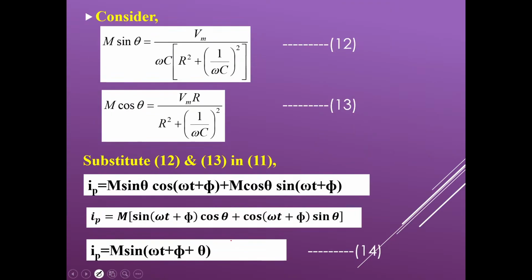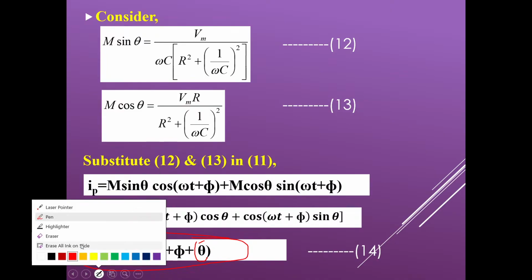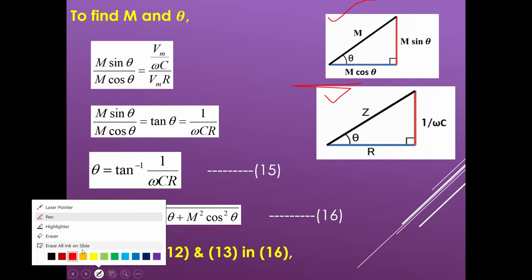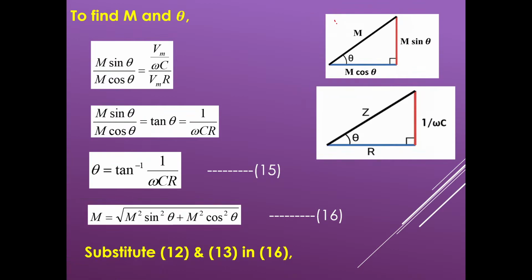Now we have to determine the m value and theta value. For that purpose, let us consider these two triangles. In this first triangle, you get m sine theta and m cos theta.